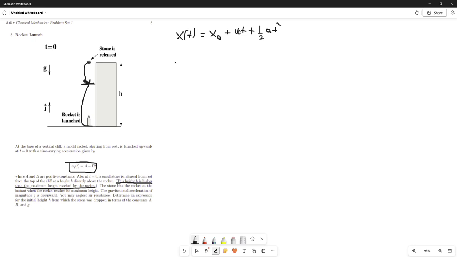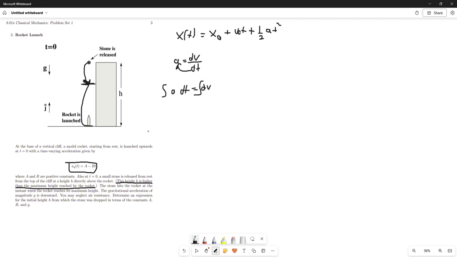We know that a equals dv divided by dt, and to isolate the dv, we can move the dt to the right side, so a times dt equals dv. Then we integrate both sides.